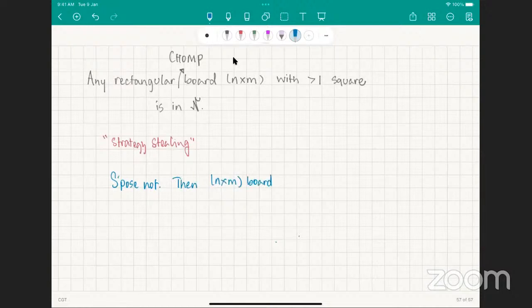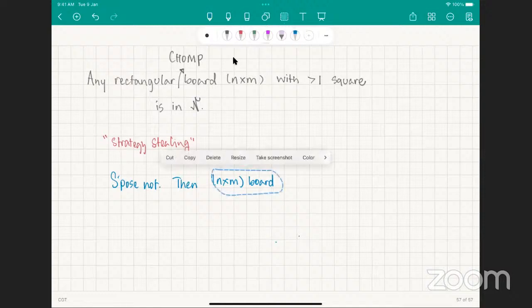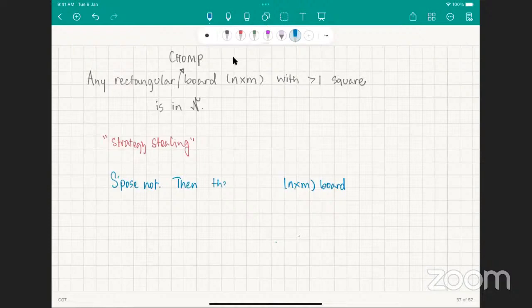So there's some n and m, there's some dimension of board for which the game is in P. So I'll continue to call it a jump board. Right, so that's our assumption that we're making for the sake of contradiction.